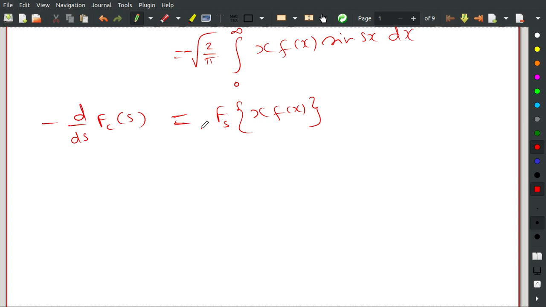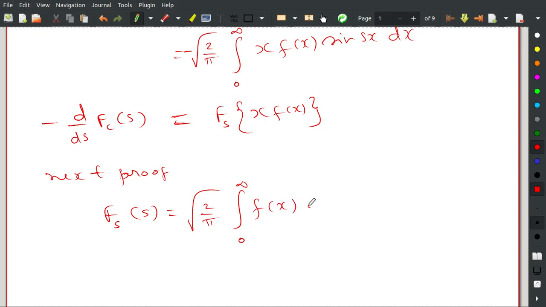Okay, so for the next proof I have to take the Fourier sine transform of f of s equals root 2 by pi integral 0 to infinity f of x sine sx dx.